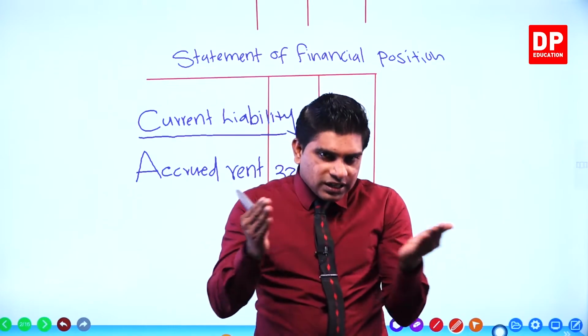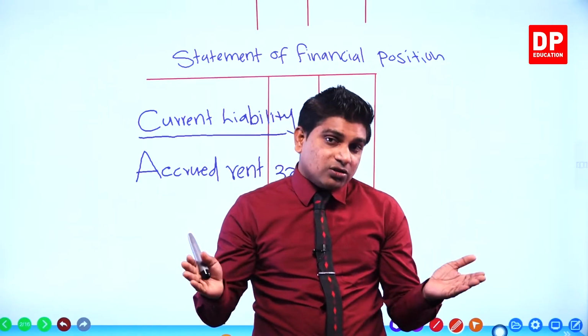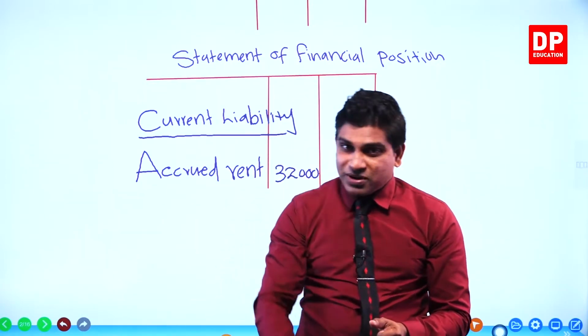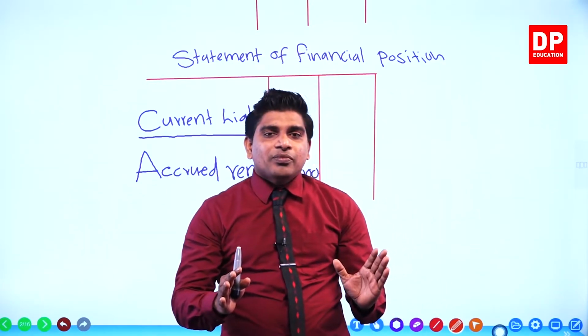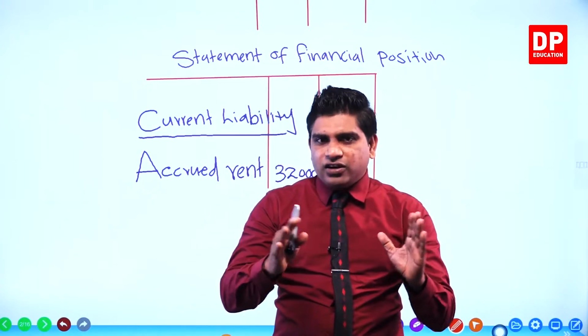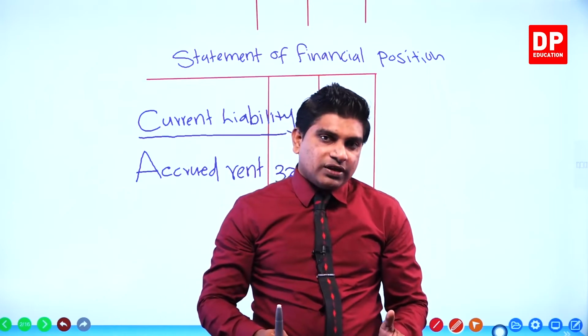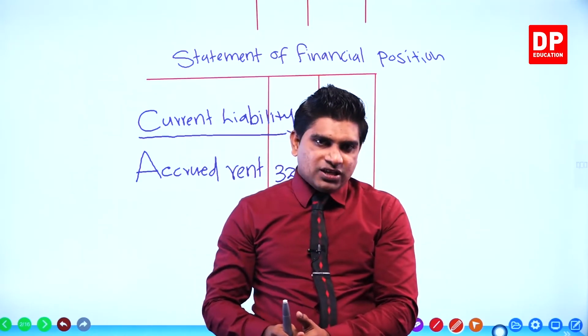After that, you draw the ledger accounts. Generally we say T accounts, but you have to draw the full format. You must remember, right? Then you draw the extract of the financial statement. If it is a full question, you have to draw the full profit and loss statement and statement of financial position.